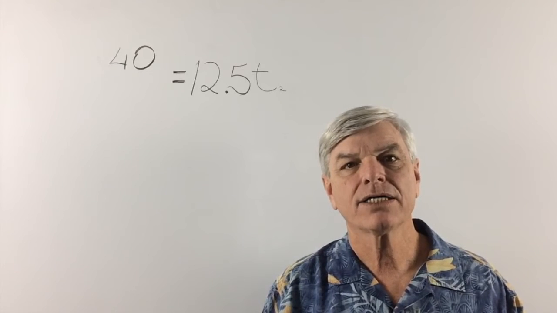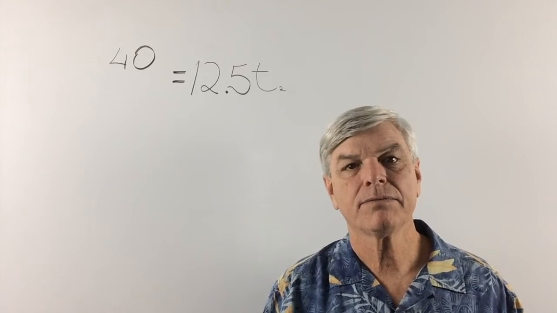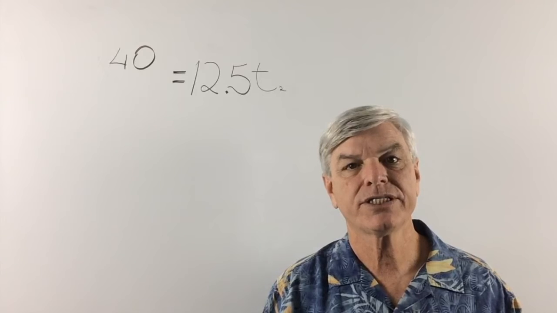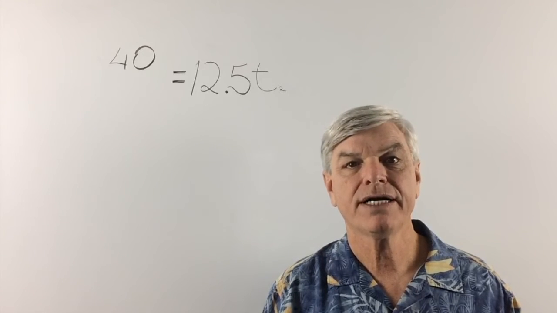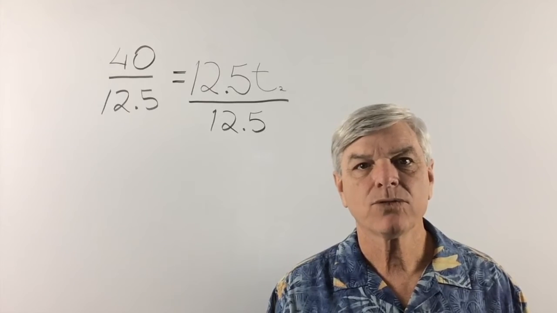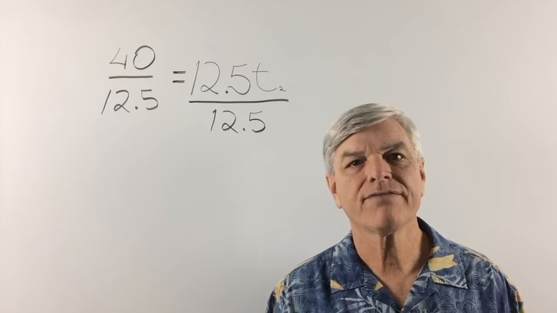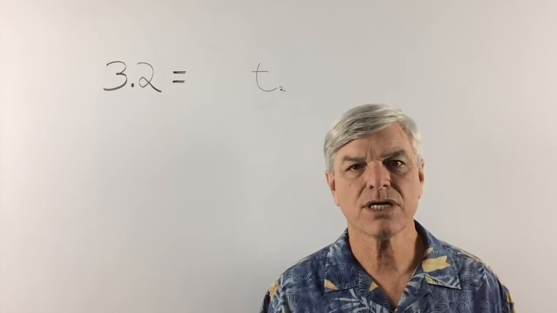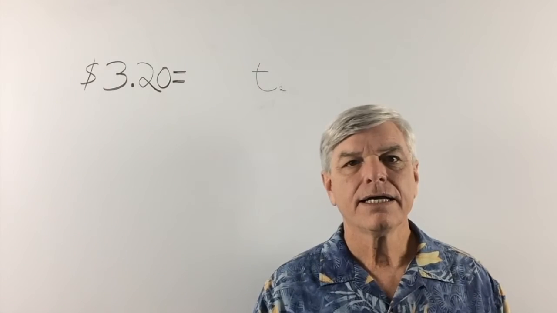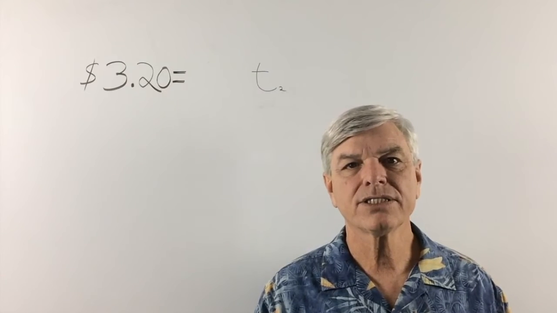And we've got our T2 off the bottom, but it still has a coefficient. So why don't we divide both sides by 12.5? 12.5 divided by 12.5 is 1. 40 divided by 12.5 is 3.2. And since we're talking about money, T2 equals $3.20.